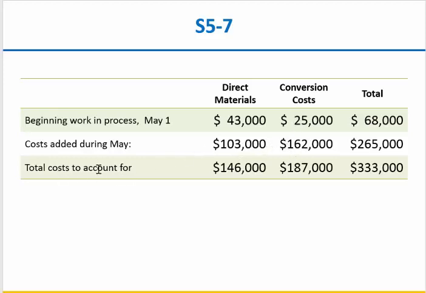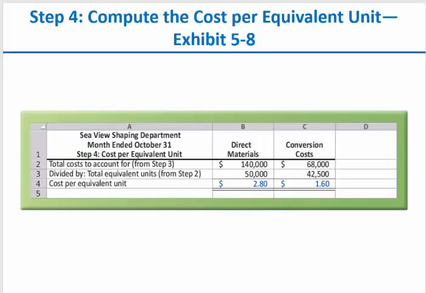So therefore, the total cost to account for in direct materials, we add 43 to 103 to arrive at 146,000, and then we add 25 to 162 to arrive at 187,000 conversion cost. So we have a total cost to account for in the direct materials and the conversion cost. And once again, it's very important, you don't want to blend these two different costs because they have different cost behaviors. You just cannot add them together.